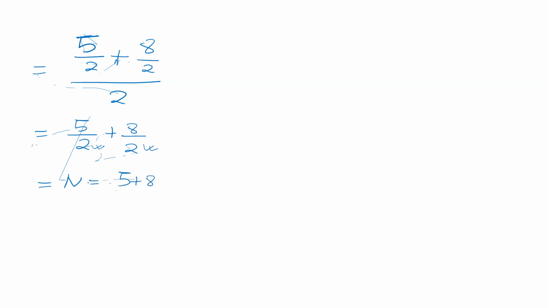Since the denominator is the same, we can simply put 2 here. So it will give us 13 upon 2. And further, we have to divide it by 2. So dividing it by 2 will give us 13 upon 4.